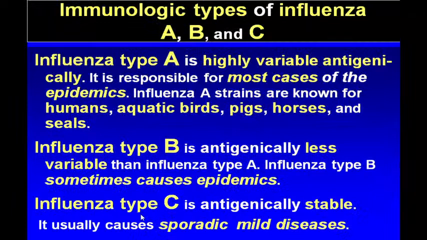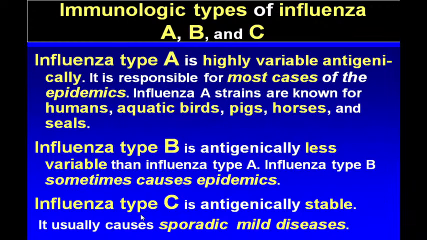That's how new pandemic strains can be produced. Out of all three types, A, B, and C, it may happen in type A only. It means this accumulation of mutations or gene reassortment occurs in influenza type A but not B and C.